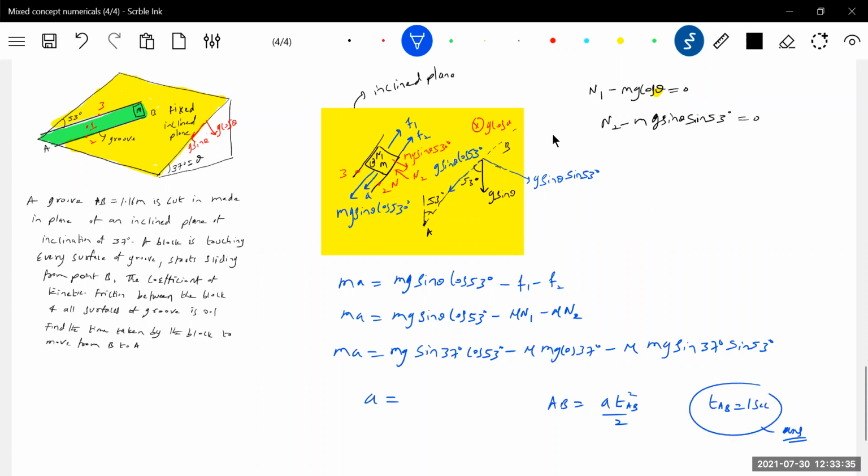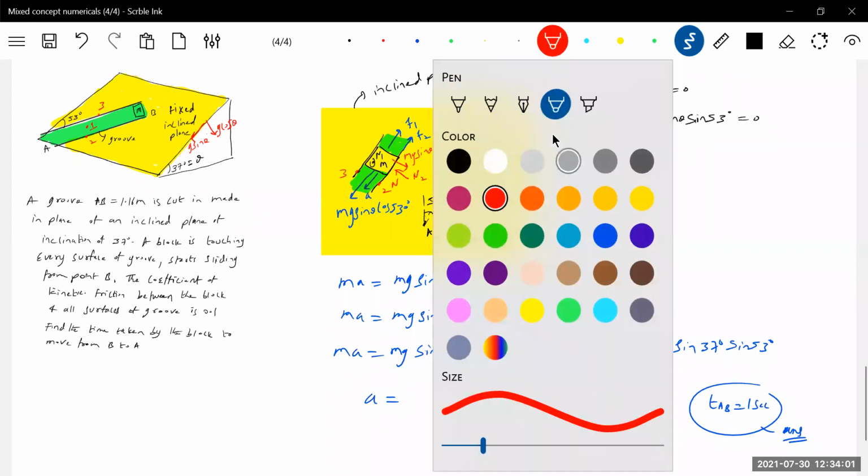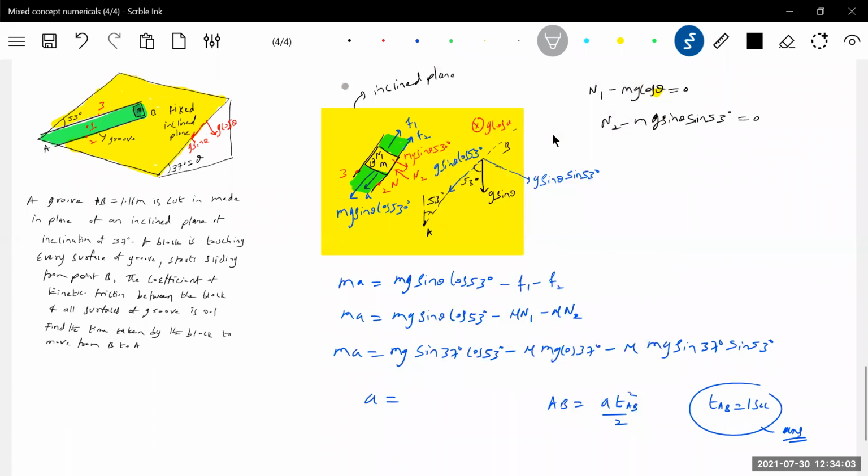Sir, in this case also it will not be in contact with the third surface, yeah, because nobody is there to push it again, no? Yes. I think we should make a minute observation, that's all, nothing else is there.